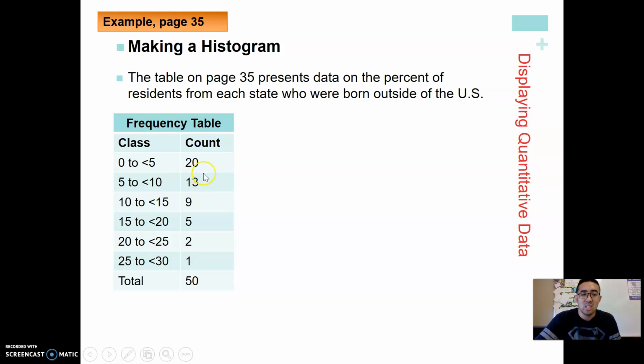There are 13 states that have between 5 and 10% immigrants. And there are 9 states that have 10 to 15% immigrants. I believe Illinois is here, okay? And then 15 to 20%, there are 5 states. 20 to 25, there are 2 states. And 25 to 30% immigrants, there's 1 state. I believe this state, based on my memory, is California, okay?